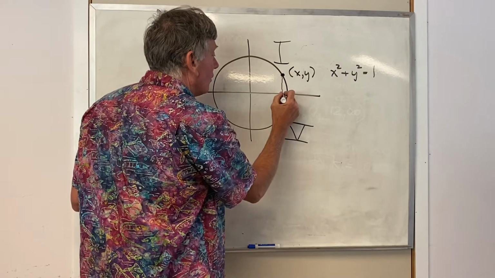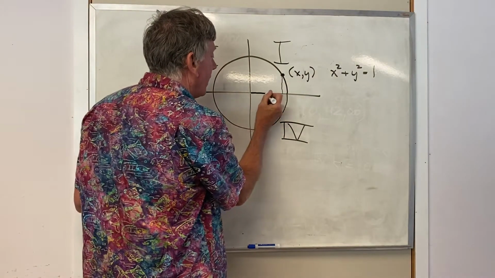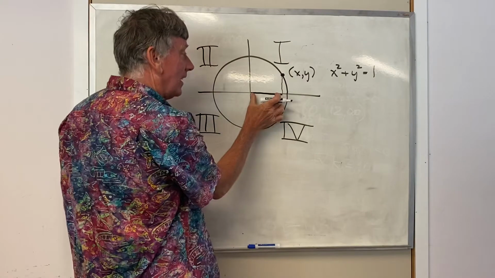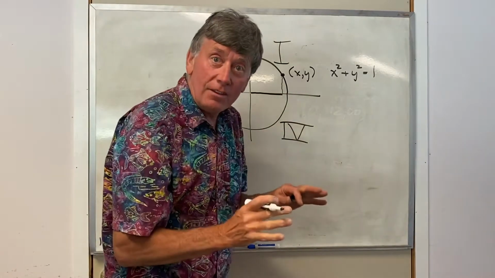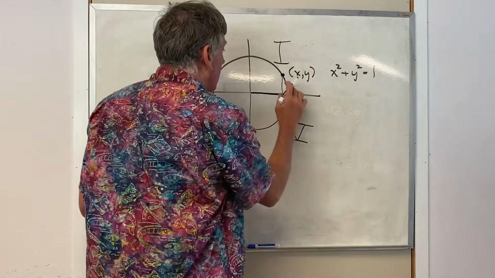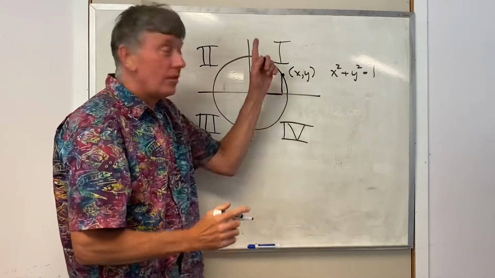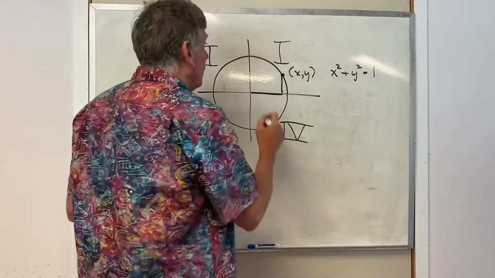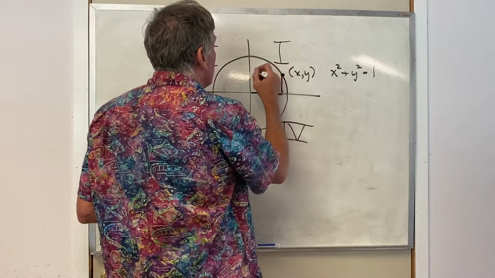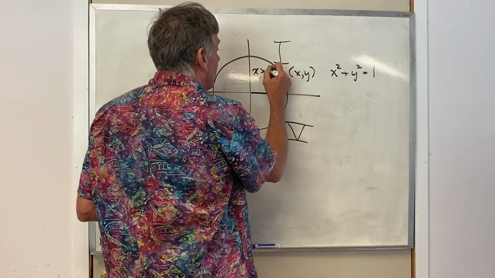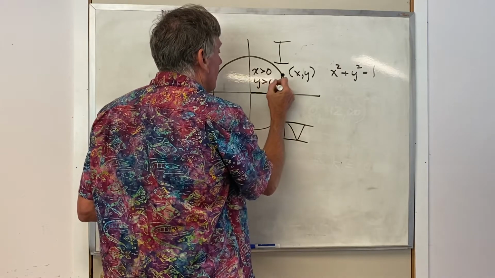Here's my x coordinate, it's that length, and it's positive. And here's my y coordinate, it goes up, it's positive. So in this quadrant, x is bigger than 0 and y is bigger than 0.